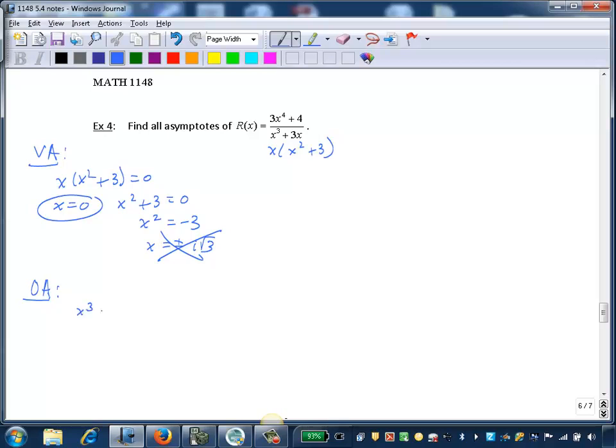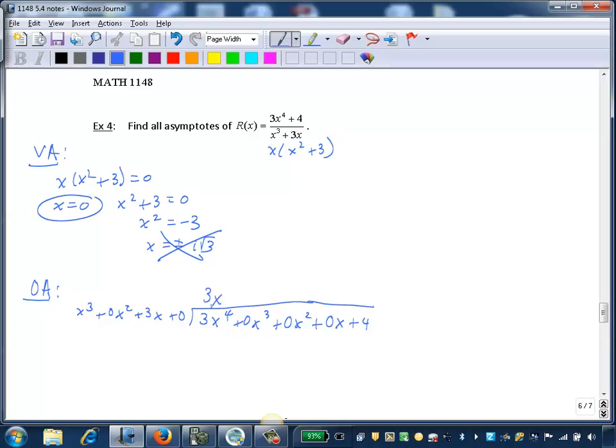So we have our x cubed, and you can put a placeholder if you'd like in here for x squared plus 3x. And if you want to put in a 0 for the constant, you don't have to. And we're going to divide into 3x to the fourth plus 4. Again, if you want the placeholders, you can put them in here. So we're going to divide 3x to the fourth by x cubed.